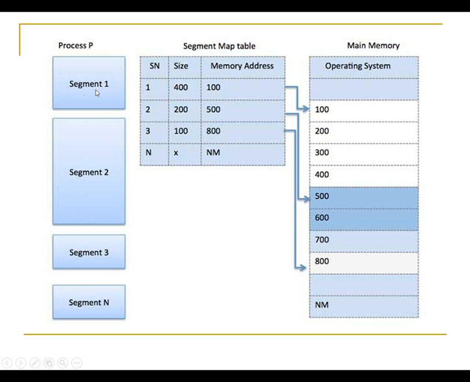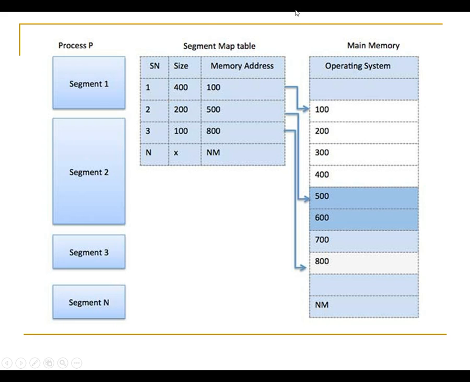Segment number 1 is of one size, segment 2 is bigger, segment 3 is smaller than 1 and 2, and segment n is equivalent to segment number 3. Just observe the block which is created for each process.